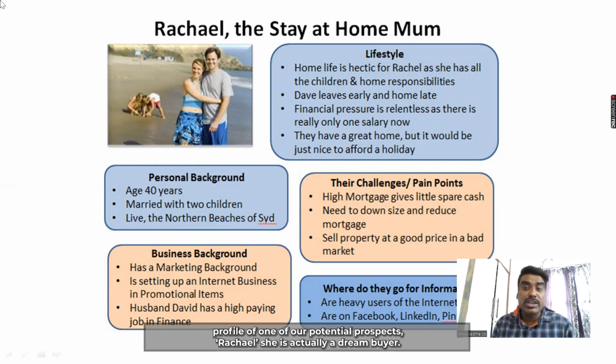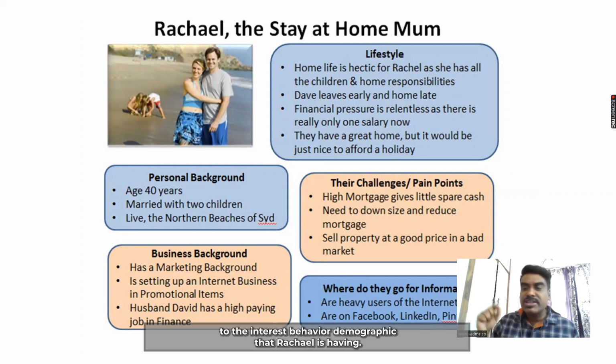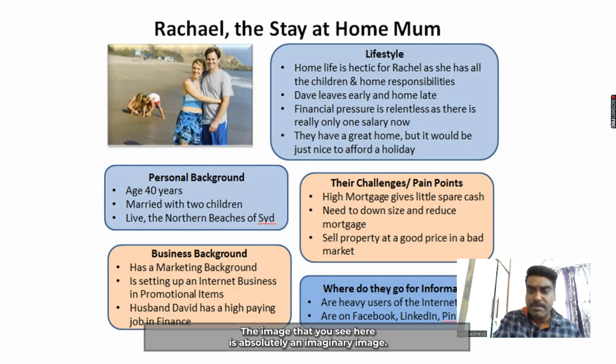Rachel, she is actually a dream buyer. There is no such individual like Rachel who really or naturally exists on the planet. By doing a lot of research, we have very clearly understood that our potential buyer is very similar to the interest, behavior, demography that Rachel has. The image that you see here is absolutely an imaginary image.